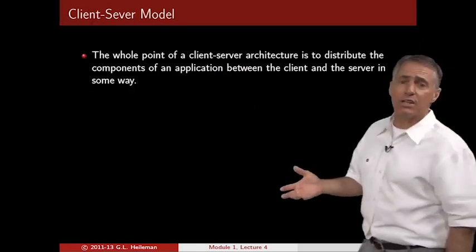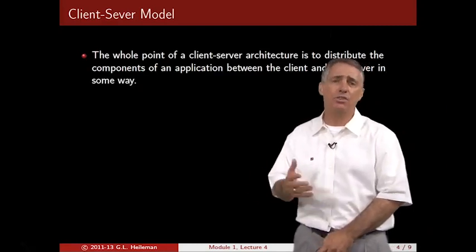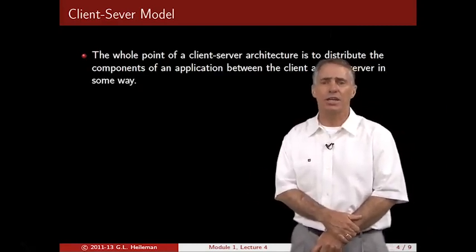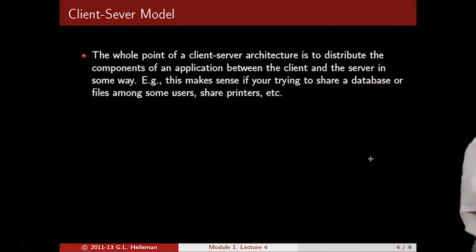Now, the whole point of a client-server architecture is to distribute the components between the client and the server in some intelligent way. This makes sense, for example, if you're trying to share a printer or share a database amongst users. You've got the users on the client side. You've got, for example, a printer or a number of printers that can be shared through this print server.